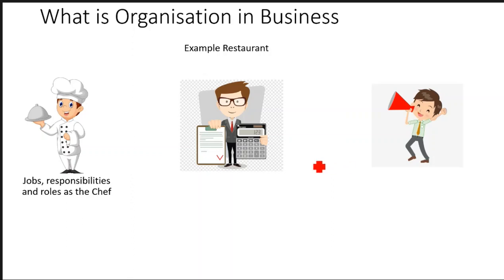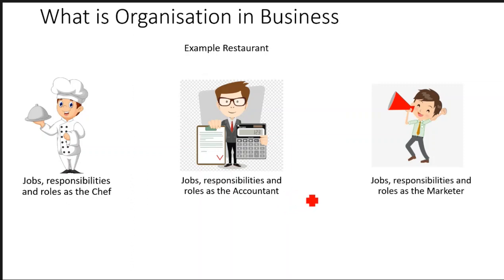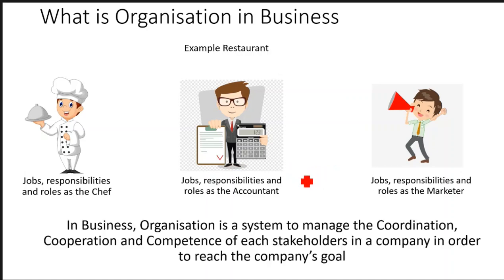The accountant has jobs, responsibilities, and roles as an accountant, and the marketer has jobs, responsibilities, and roles in advertising the restaurant. So an organization collects all of these and creates a system to manage the coordination, cooperation, and competence of each of these stakeholders in a company in order to reach the company's goal, which is mostly to make a profit.